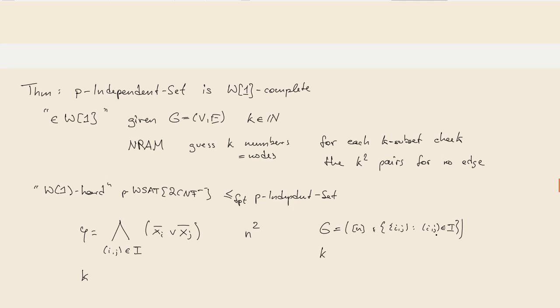Then an independent set is exactly an assignment so that for any of these clauses, if there is an edge between two nodes, you can take at most one of these. So this is a one-to-one correspondence between formulas in this anti-monotone 2-CNF form and the independent set problem. And the parameter doesn't even have to change.